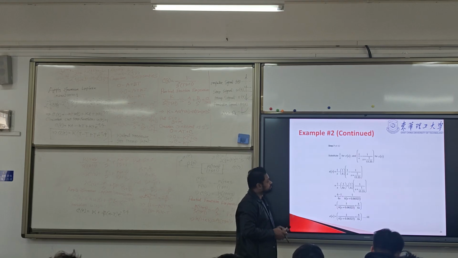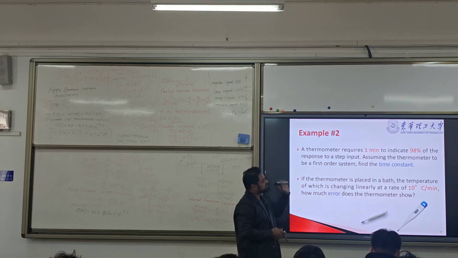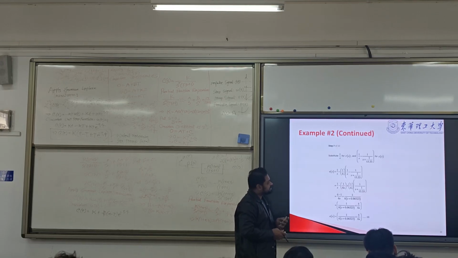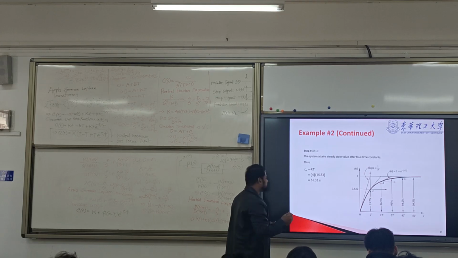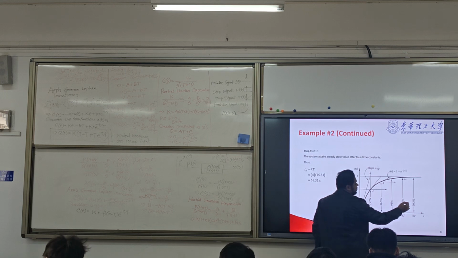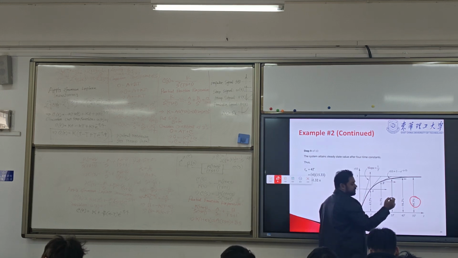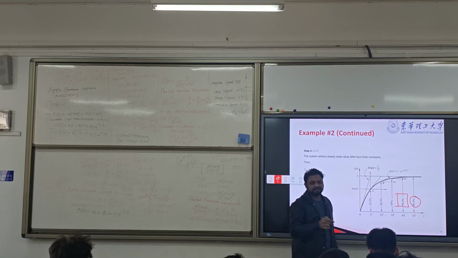Look, our indication in the exam question tells us it reached 98% of the output. We already know that the steady state value requires 5 time constants to reach 100%. But our question tells us to reach 98%.